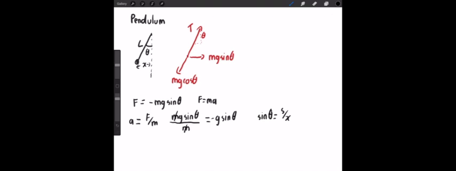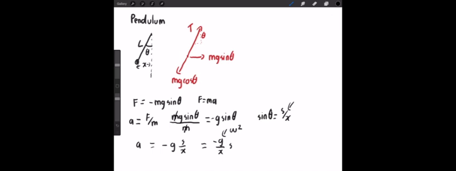So we can use this rather than sin theta, and we can say a equals minus g s over x, or we can change this slightly so that we've got minus g over x times s. Now that is a constant, and that equals omega squared.